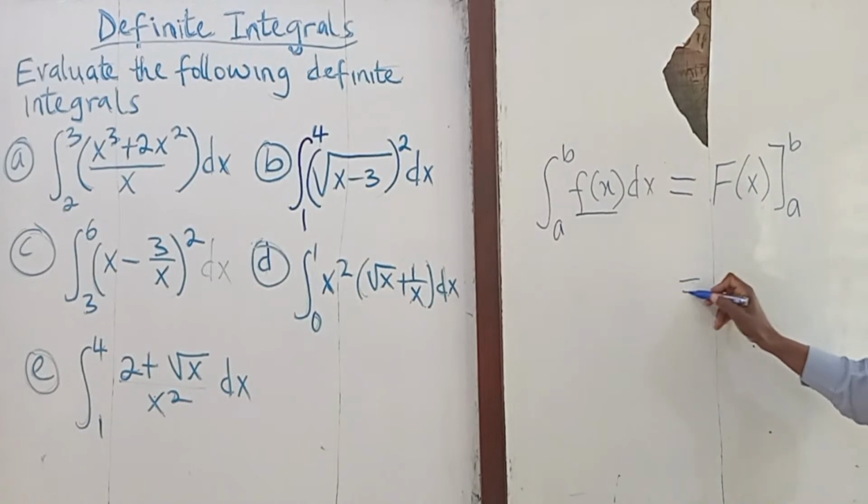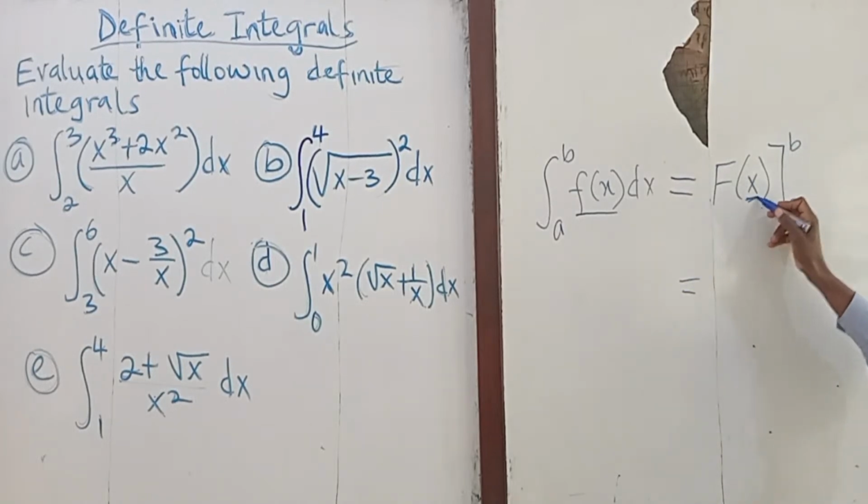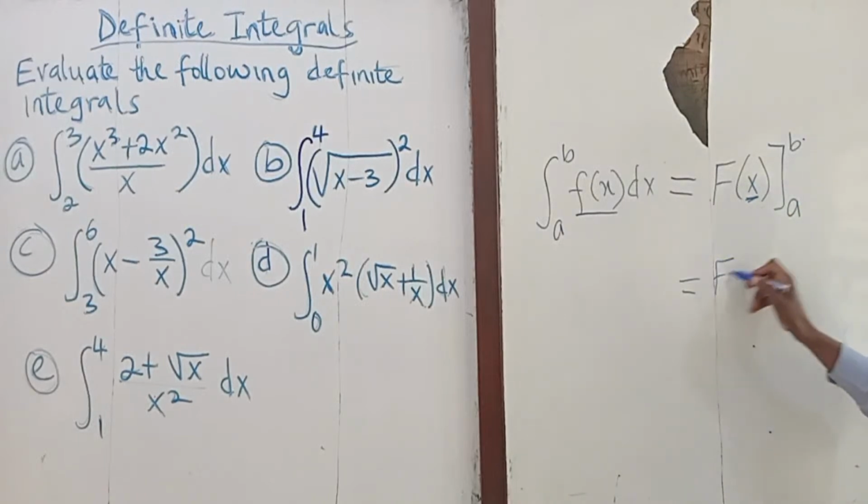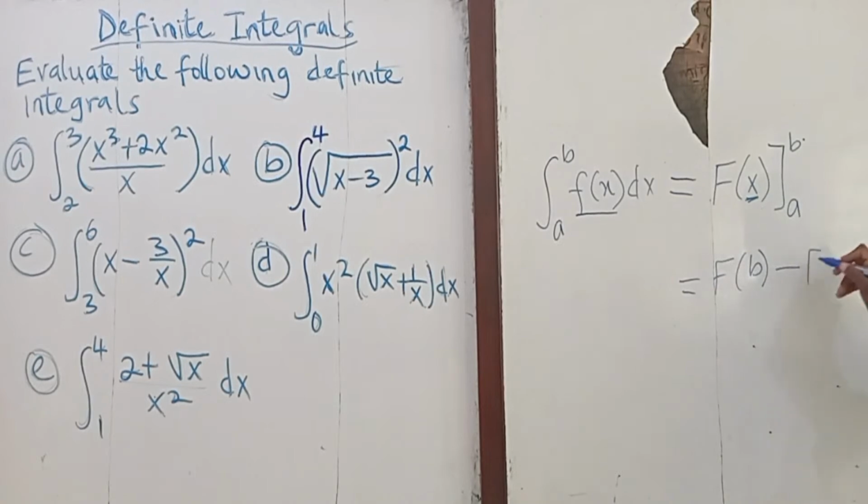Anywhere you see x in your function, you place the upper limit there, that will be F of b, then minus F of a.